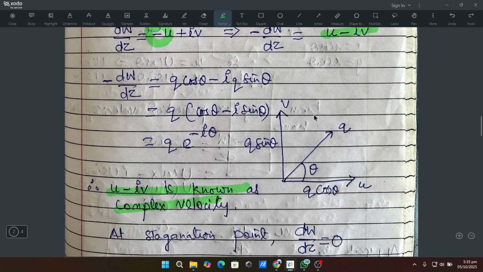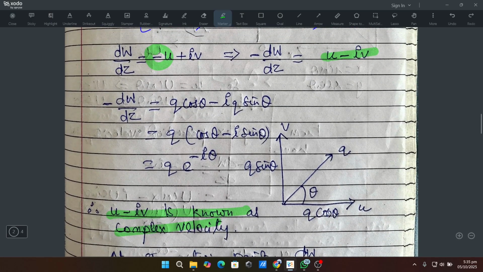And we are also doing some other things here: negative dw/dz equal to, in place of u, what you can write is, see, this is u, this is v, this is q, right? So you can take the component of q along the x-axis, that will be q cos theta, and the velocity component along the y-axis, that is v, that will be q sin theta, right?